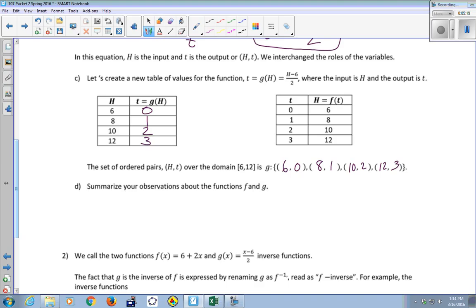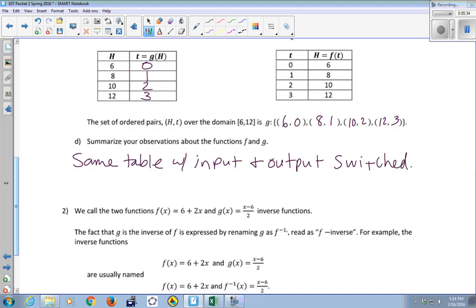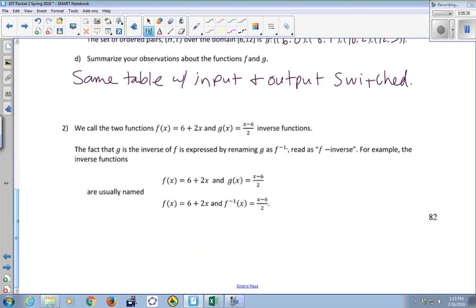Okay, so f and g have the same table with input and output switched. So we call these two functions, 6 plus 2x and x minus 6 over 2, those were the two functions we were just working with, inverse functions. Okay? They undo each other.